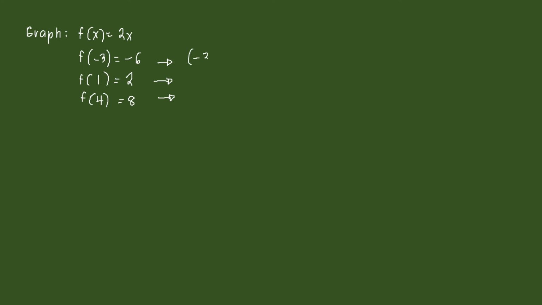X is negative 3, y is negative 6. That's the xy ordered pair. If x is 1, y is equal to 2. And if x is 4, y is equal to 8. All of these are our ordered pairs, and this is what we will use in order for us to graph the linear function.